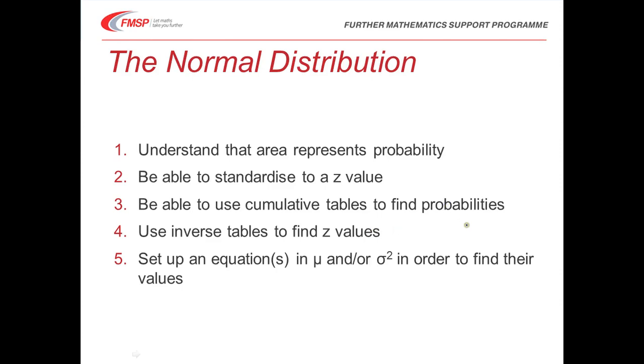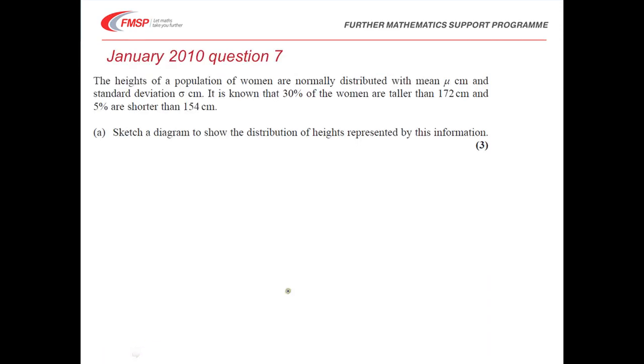And also you need to be able to set up equations in mu and or sigma squared, so you've either got one equation to solve or a pair of equations to solve simultaneously to enable you to find the population parameters of mu and sigma squared. So it's quite a difficult topic, this. It's certainly going to come up, so we've got to be very aware of it.